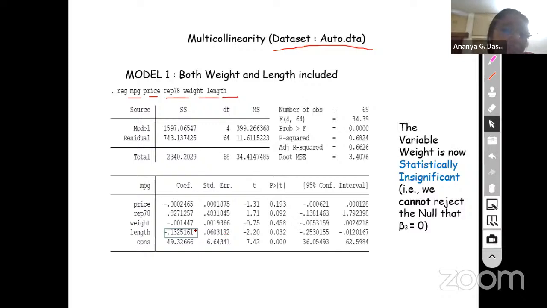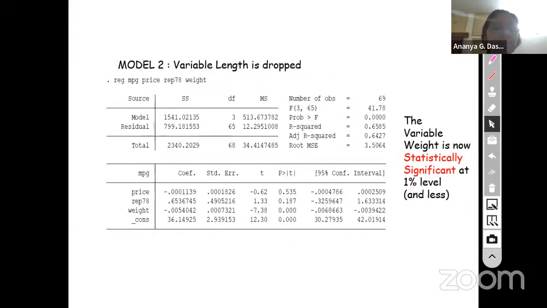So you see, when I put in both weight and length, the variable weight is statistically insignificant. It has a p-value of 45%, so clearly insignificant. Now, weight and length are related. And when I throw out length, I see that weight has become very, very significant.